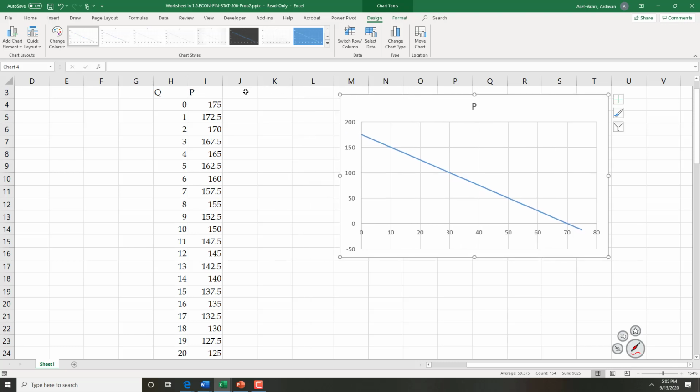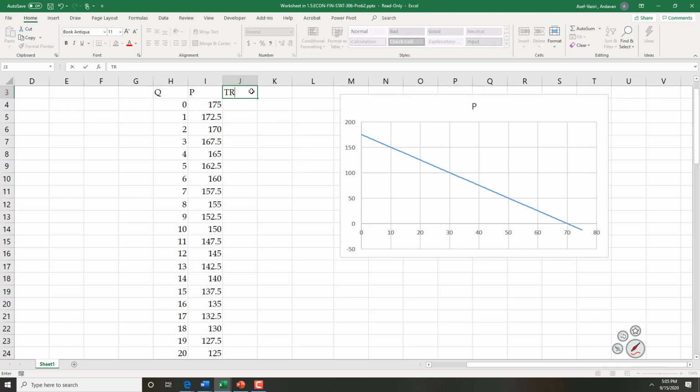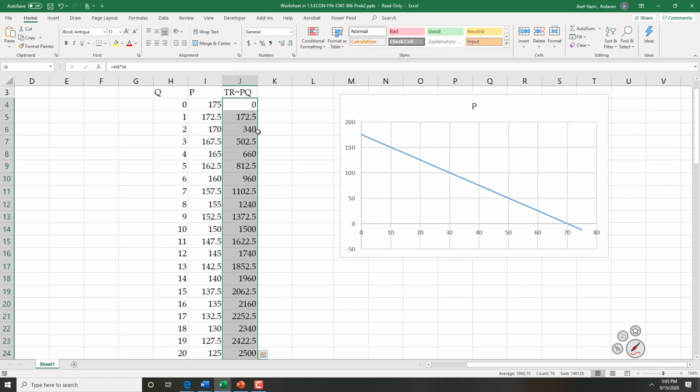Now let's go and compute total revenue. Total revenue by definition is equal to price times quantity, equal to quantity multiplied by price. And then I copy it down.